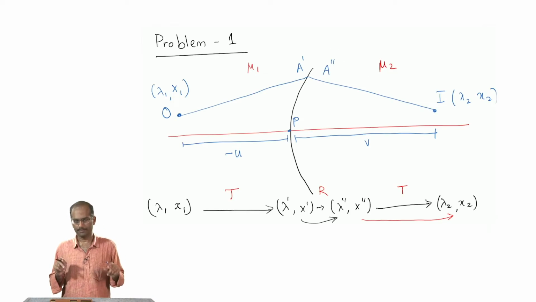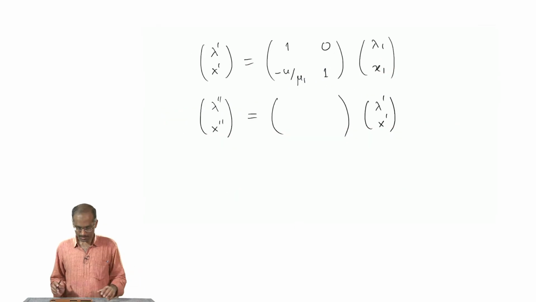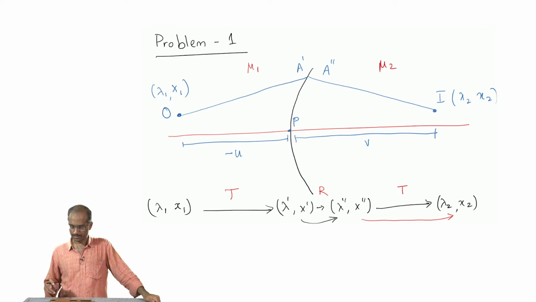Now, going from primed to double primed coordinates involves a refraction, and this once again is going to be a matrix for refraction. So, it will be 1, 1 minus P here and a 0 here, and now the last part is translating from double primed coordinates to lambda 2, x 2.